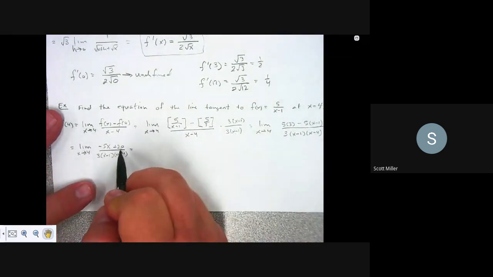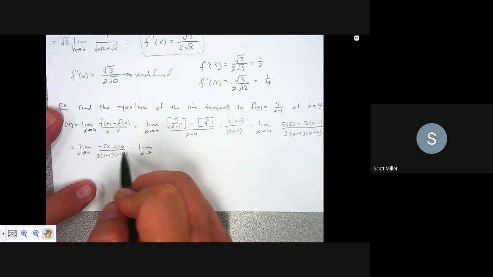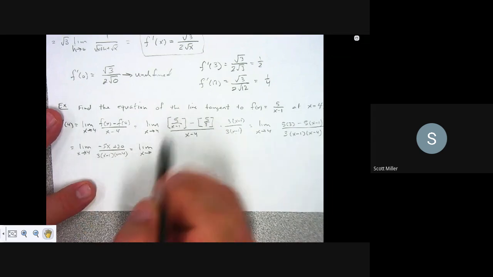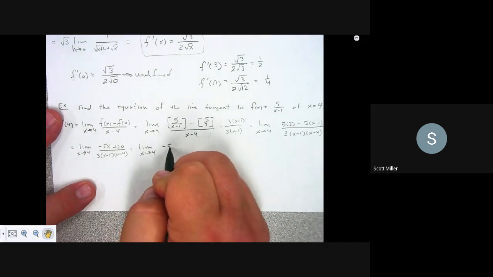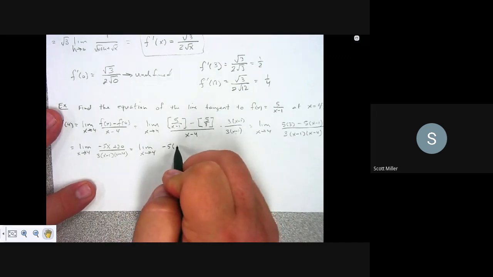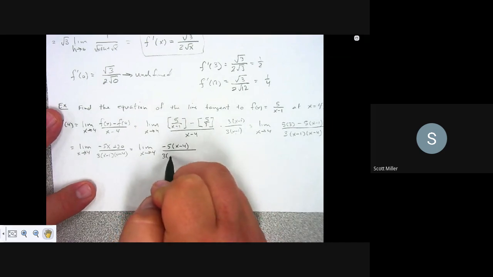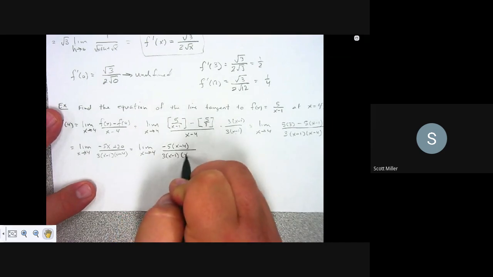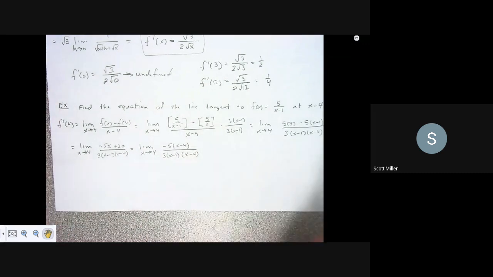Then we notice, okay, well, look, I can factor the top, and you should always be looking for that kind of thing to make it easier, because if I plug in 4, this is going to be a 0 on the bottom, and I can't have 0 on the bottom, so that x minus 4 has to go away some way, which means the top probably can factor. So if I factor out a negative 5, I'm going to get x minus 4. Okay, so that's kind of a clue that if you can't plug a number in, look and see if you can factor some things, use a different technique that's available.